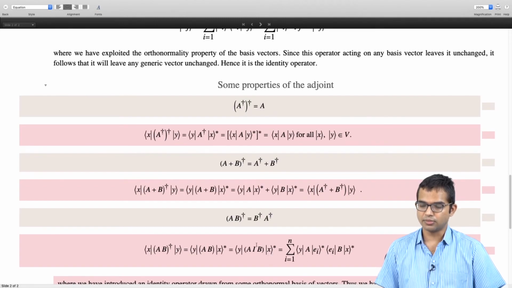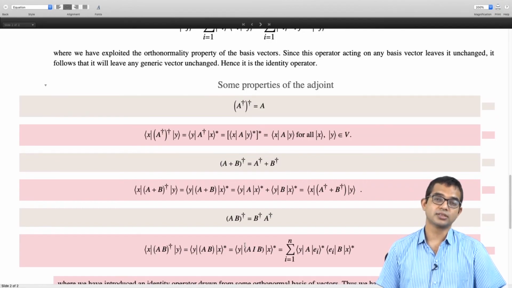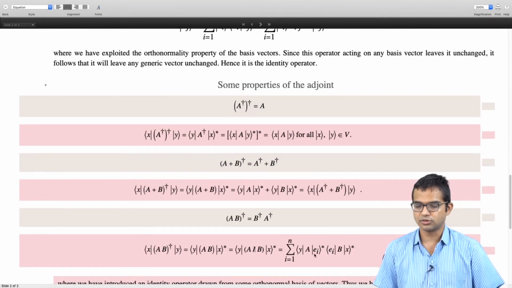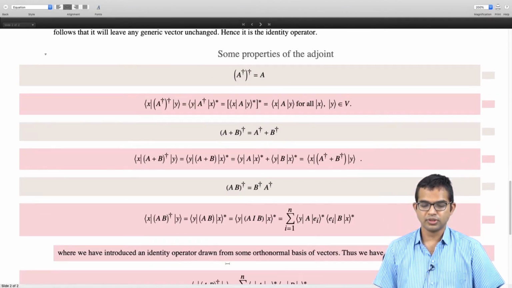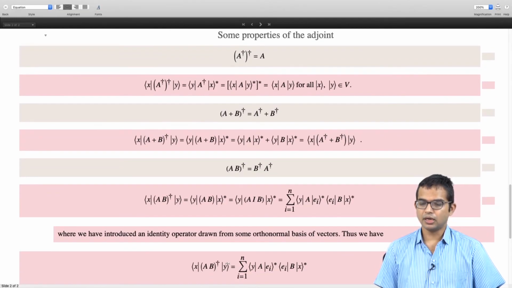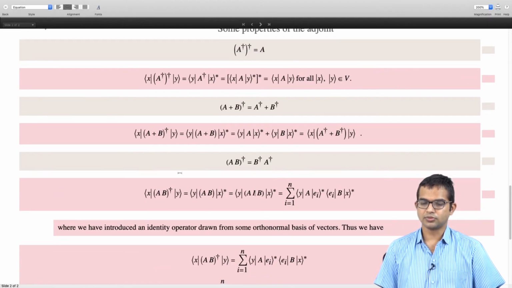One is that I have brought in the summation over I EI, and then there is an overall complex conjugate. Then I can pull out the summation, and since the complex conjugate of the product of two complex numbers is the same as the product of the complex conjugates, that has also been used here. And then I can pull this out, and so this is what we managed to show.